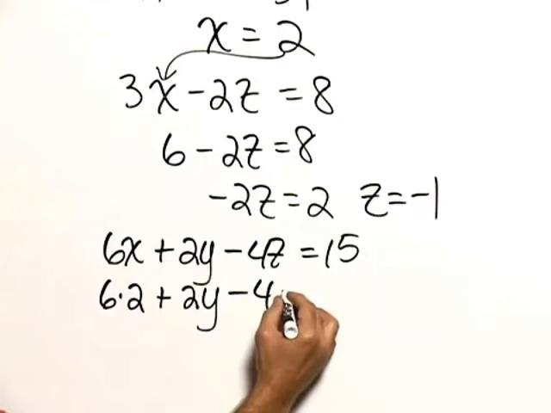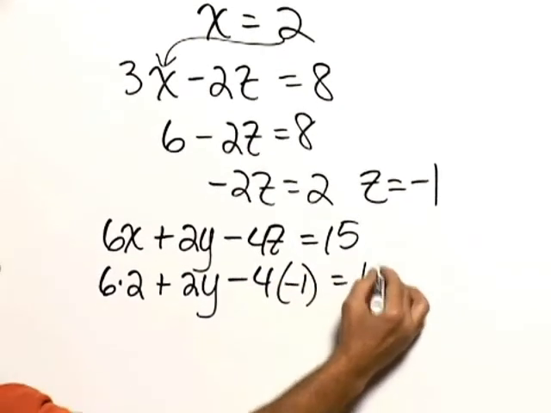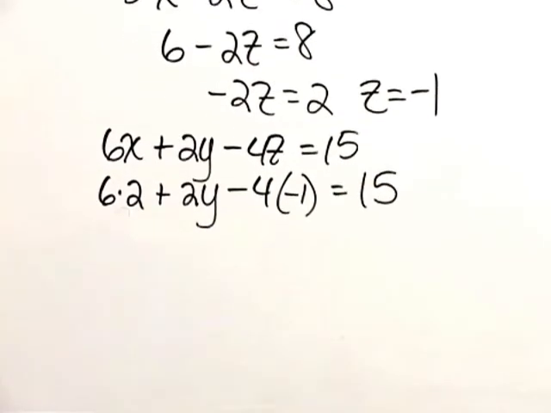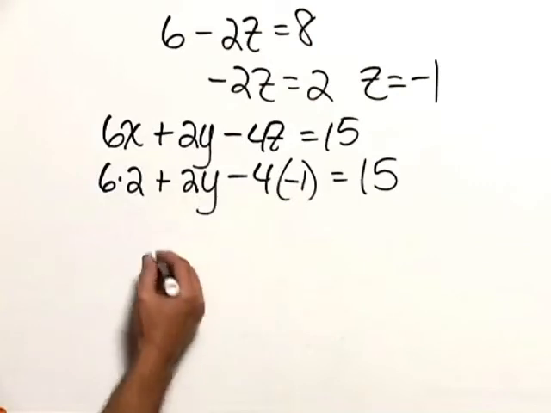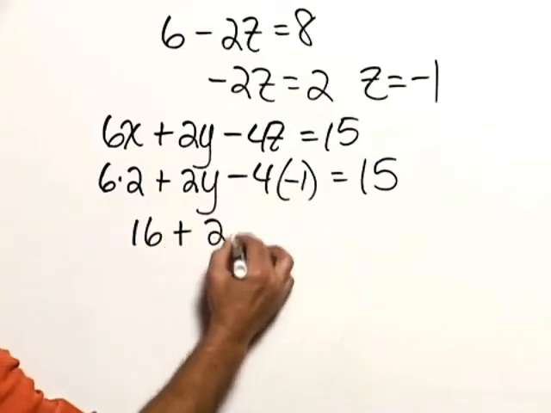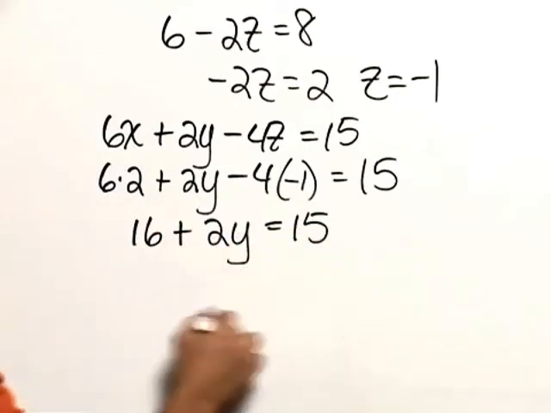Then it's minus 4 times z, which is -1, equals 15. Let's simplify the left-hand side. And so 6 times 2 is 12 plus 2y minus 4 times -1 is positive 4. 12 and 4 is 16. So 16 plus 2y equals 15.